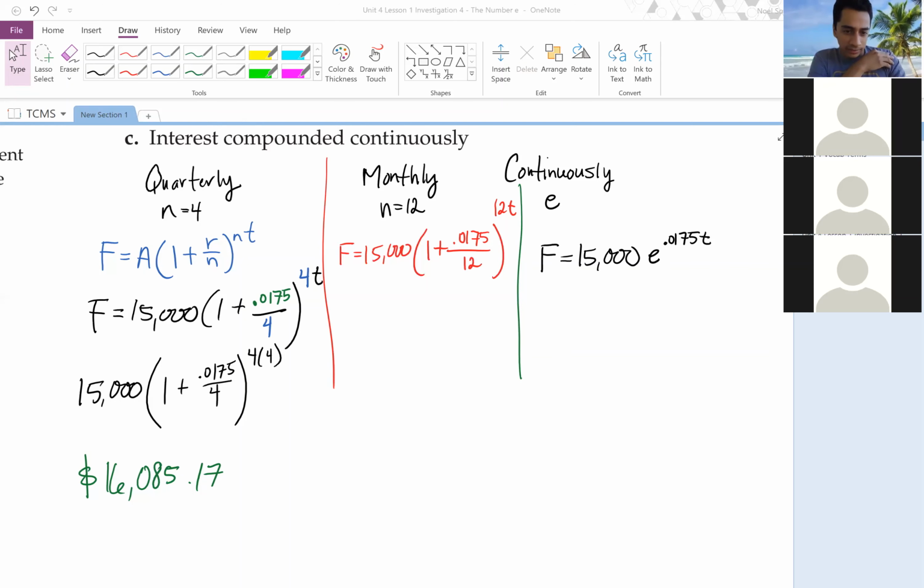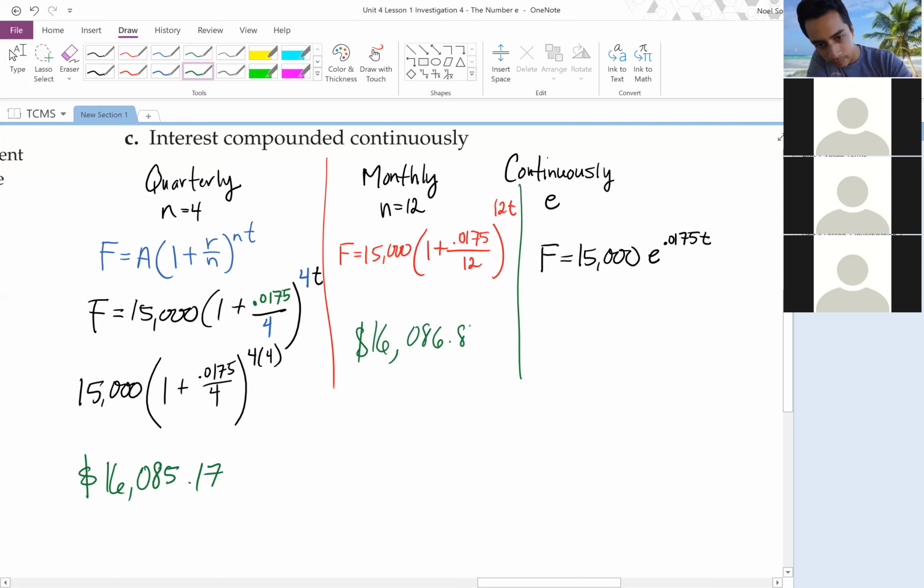It generates about maybe another dollar, $1.65 or something. Okay, so 16,086 with 80 cents. Okay, so slight difference there, right? Slight increase.